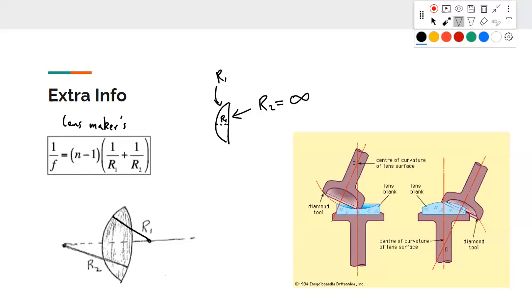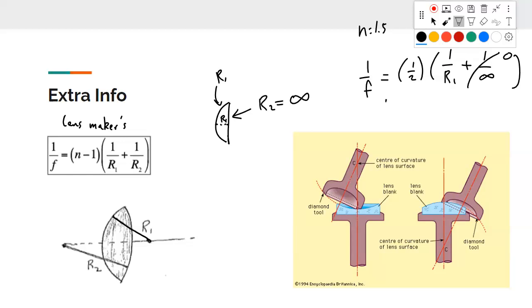And so a lens like this would have an R1 that's just some number, 5 centimeters, and an R2 that's infinity. So what we could do is write for this lens 1/f, and let's say this is normal glass with an n of 1.5-ish. So n minus 1 would be 1/2. And then we would just have 1/R1 plus 1/infinity, which would be 0.